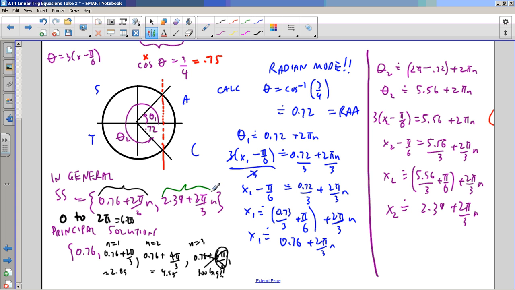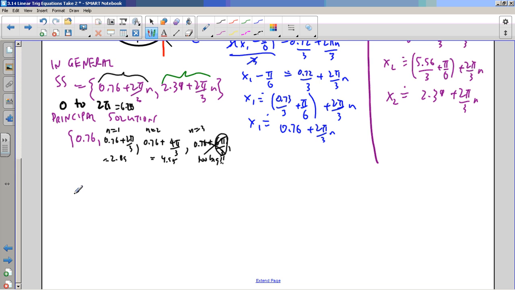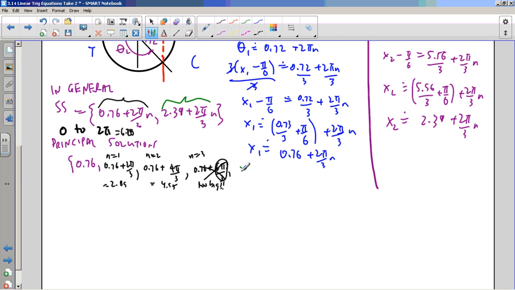Well, I'm maybe going to get some more solutions. First one is 2.38, and then the second one I'm going to think of 2.38 plus 2 pi over 3. This is when n equals 1, and I do that calculation, and I get 4.47, and then I try it when n equals 2, and I get 2.38 plus 4 pi over 3, and this ends up with 6.5-ish.